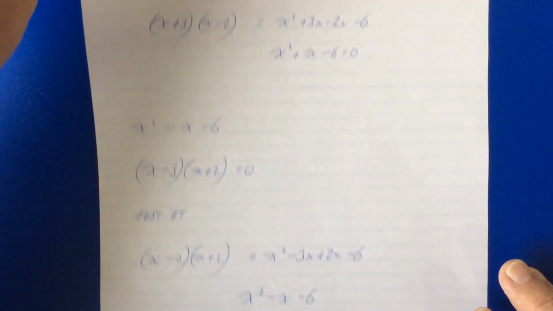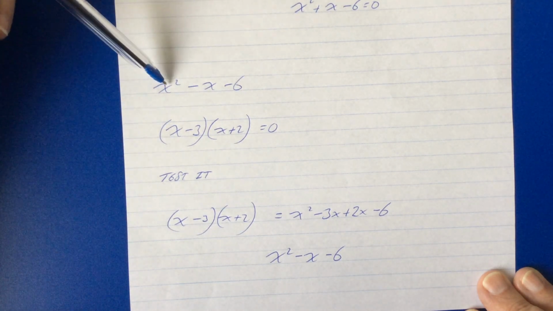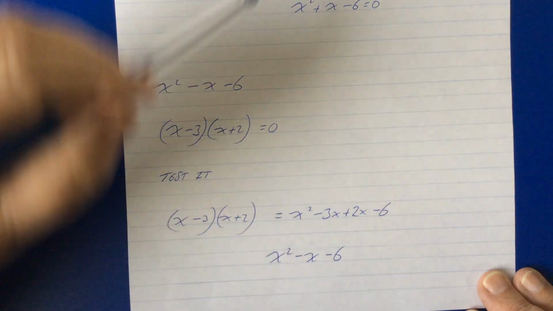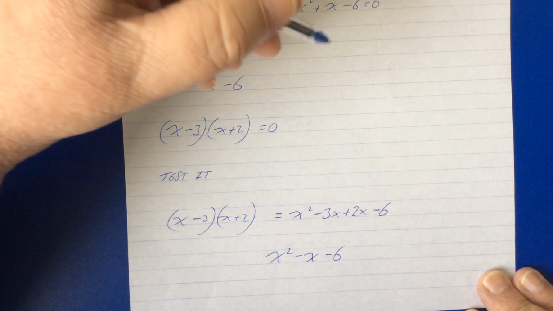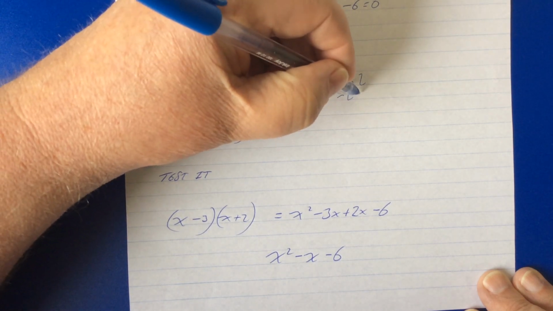Now, here's another variation. x squared minus x minus 6. Now, we went through the business of going through the factors of negative 6 earlier. So let's just do that again very quickly. So we have negative 3, we have 2. We have negative 2, we have 3.